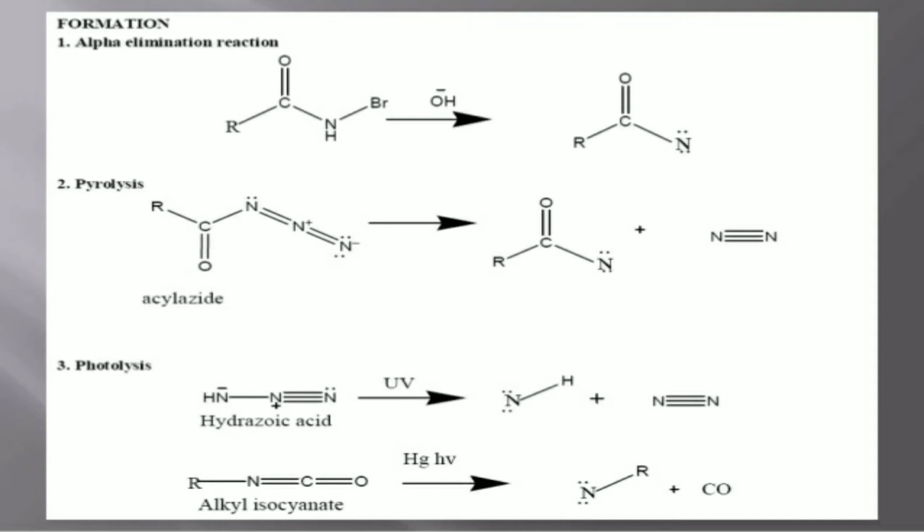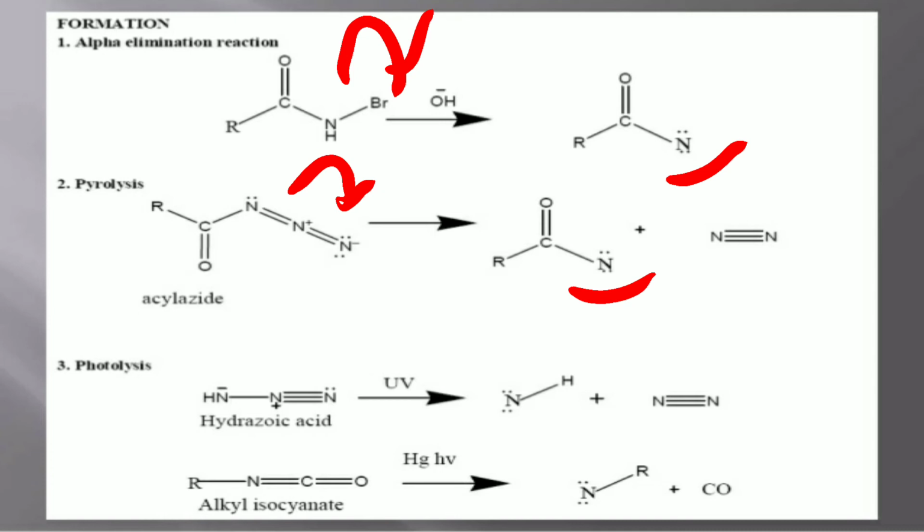Next, the acyl nitrene is formed by the alpha elimination reaction, by removing the bromine. Next, by removal of nitrogen gas from an azide, and by the photolysis process, there is a formation of NH. And from alkyl isocyanide, by removing carbon monoxide, there is a formation of RN, that is a nitrene.